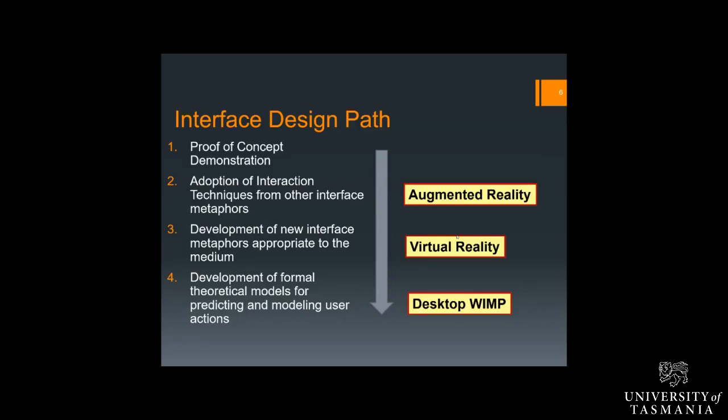We use scanning, we use 3D wayfinding, things like that, actually borrowing from other existing technology. If the technology becomes more mature, then you get to the third step, the development of new interface metaphors. That is where VR is sitting at the moment. It's quite mature in this area, so you kind of know what interaction will look like in this space. So you have much more customization than what you have for AR.